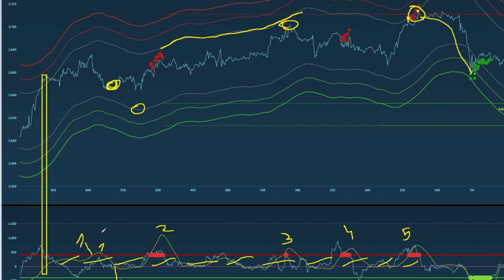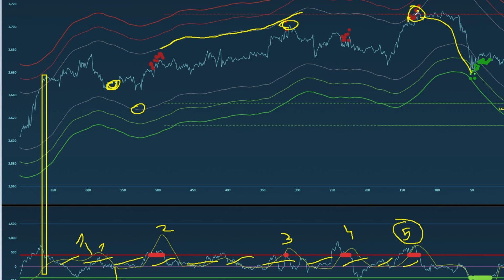But here it was a fifth time that the Momo 2 went to plus 400. Add to that, we have again, for the first time, a red Momo dot, and we actually hit the band.